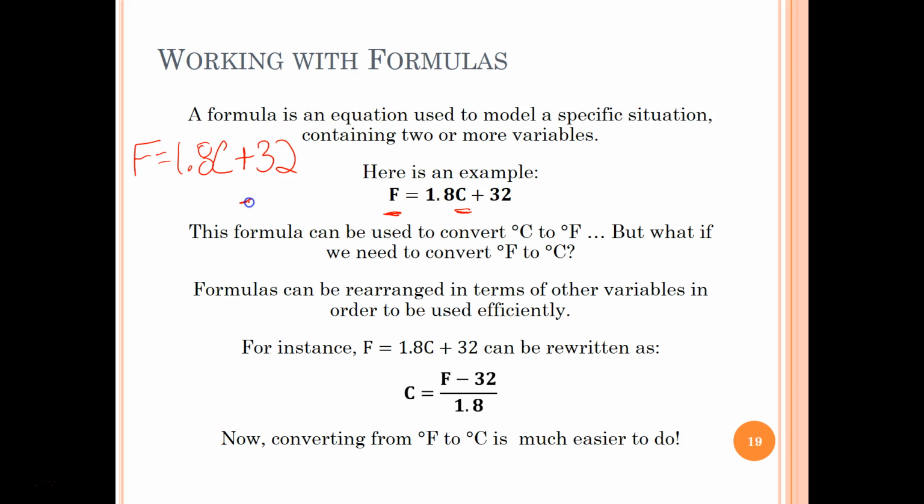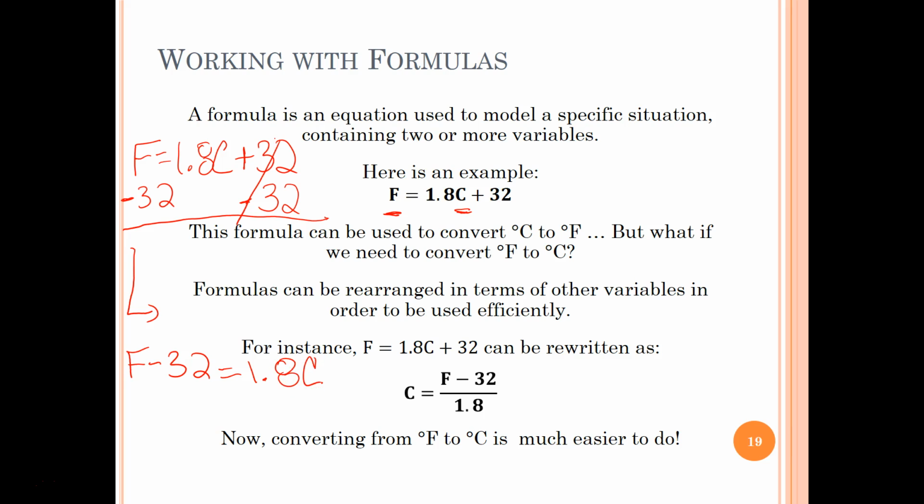So I'm still going to use that addition principle first in this case because it's easier than dividing everything by 1.8, I feel. So notice I'm going to get that 32 over to the other side. And what that leaves us with is F minus 32 is equal to 1.8C.